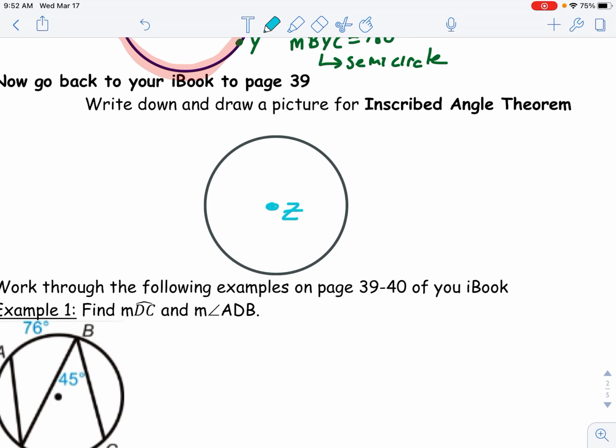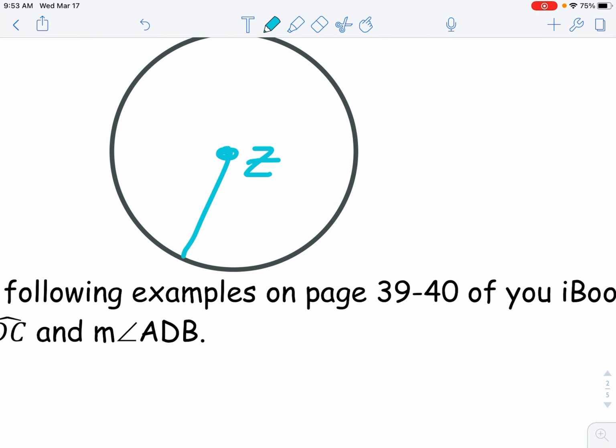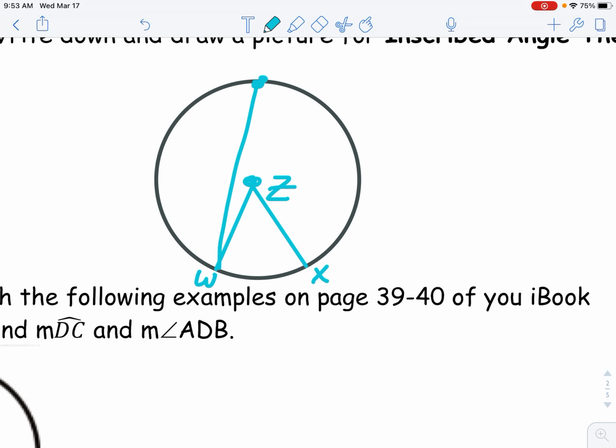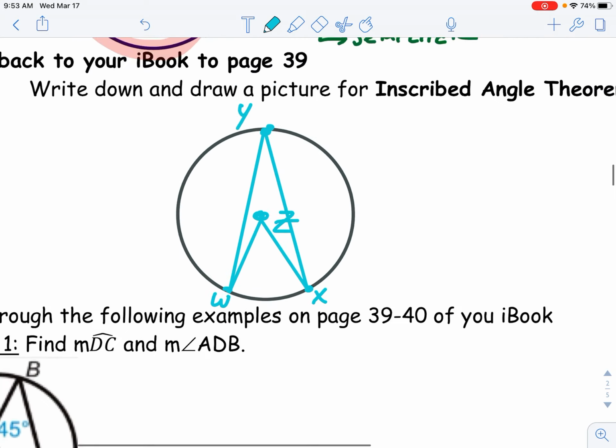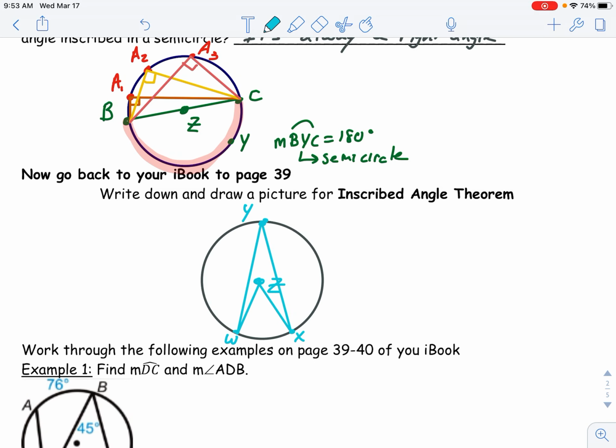We got some random circle Z. Let's call that WX, and we'll call that Y. All right, so just to put it in simple math terms, the measure of angle WYX, which is inscribed, is equal to half the central angle, the measure of angle WZX. That's a central angle.